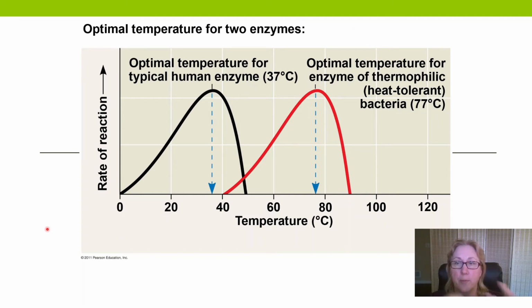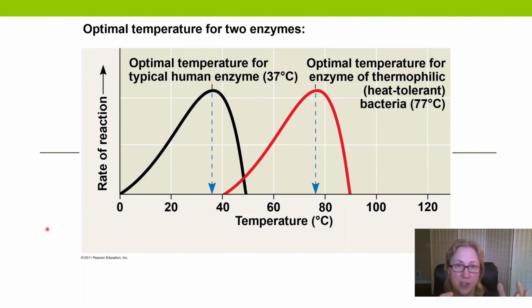So remember when we talked about ways to denature proteins, if you use high salt, if you change the temperature, especially high temperature, if you change the pH, especially making it acidic, those things tend to denature protein. So anything that's going to denature protein is going to affect the function of enzymes. And every enzyme has an optimal temperature, an optimal pH, optimal salt levels at which it works.